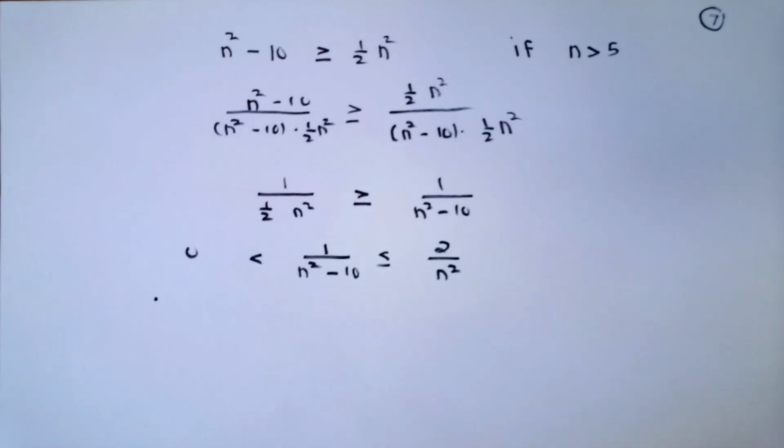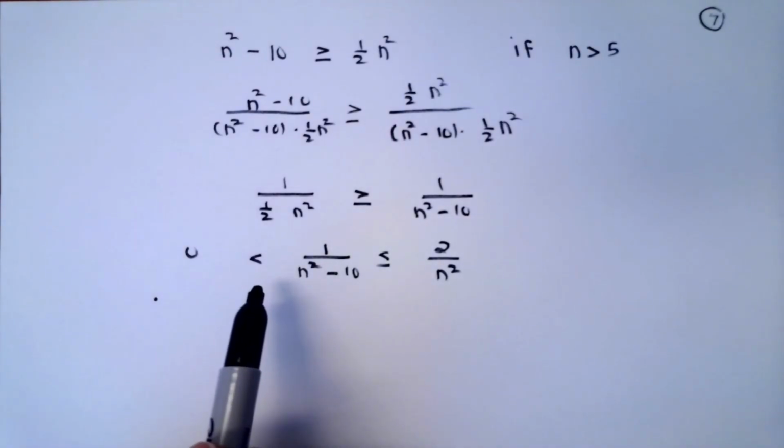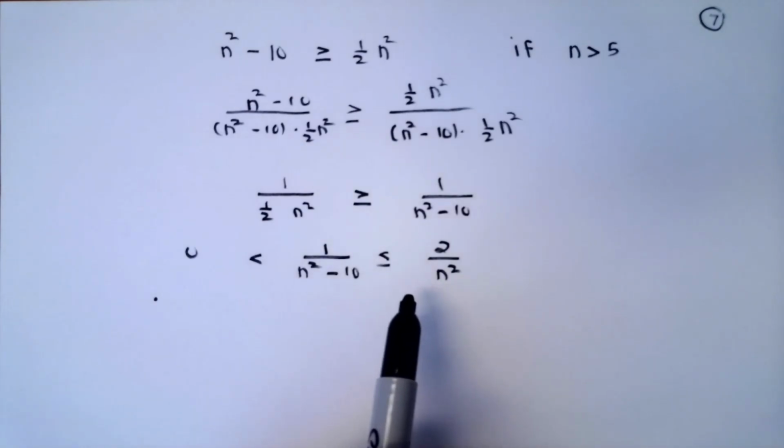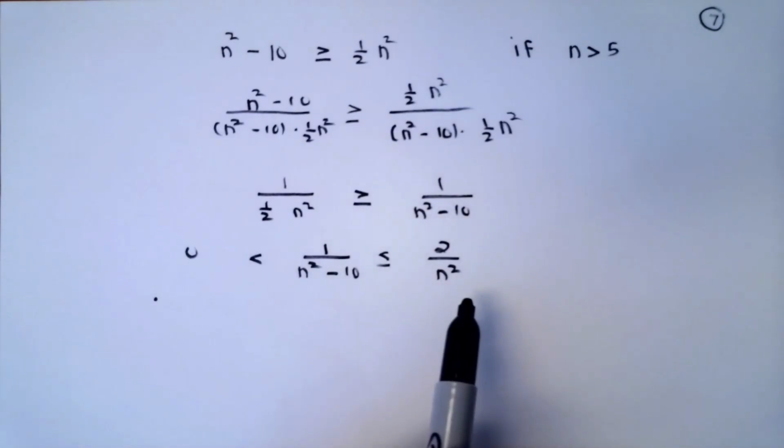So I'll think of only looking at terms with n bigger than 5. Having done that, n squared minus 10 and 1 half n squared are positive. I can do the same manipulations as before and find out that if n is bigger than 5, then 0 is less than 1 over n squared minus 10, which is less than or equal to 2 over n squared.